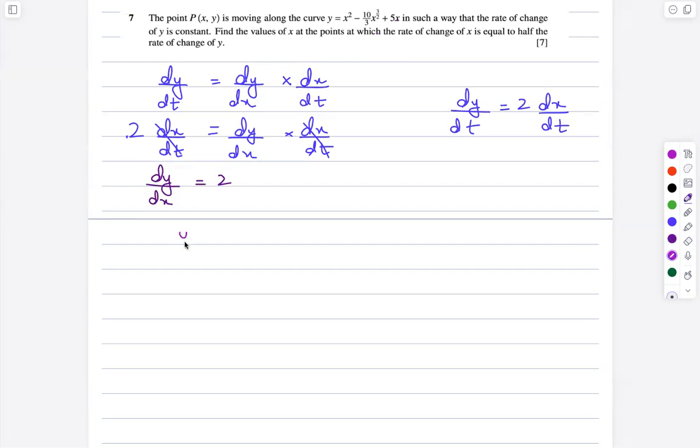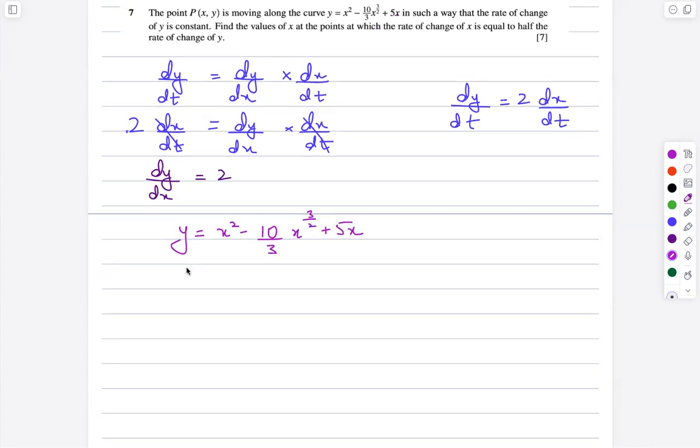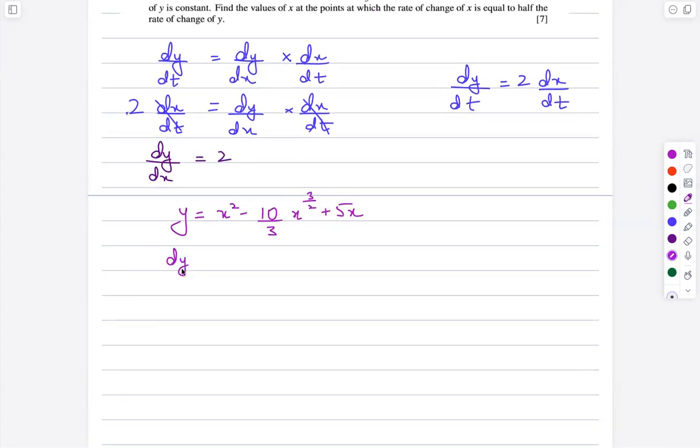So the equation of the curve is y = x² − (10/3)x^(3/2) + 5x. Differentiating this, we'll get dy/dx = 2x − (3/2)(10/3)x^(1/2) + 5. When we multiply 3/2 by 10/3, the 3 will cancel out, so this will become 5.